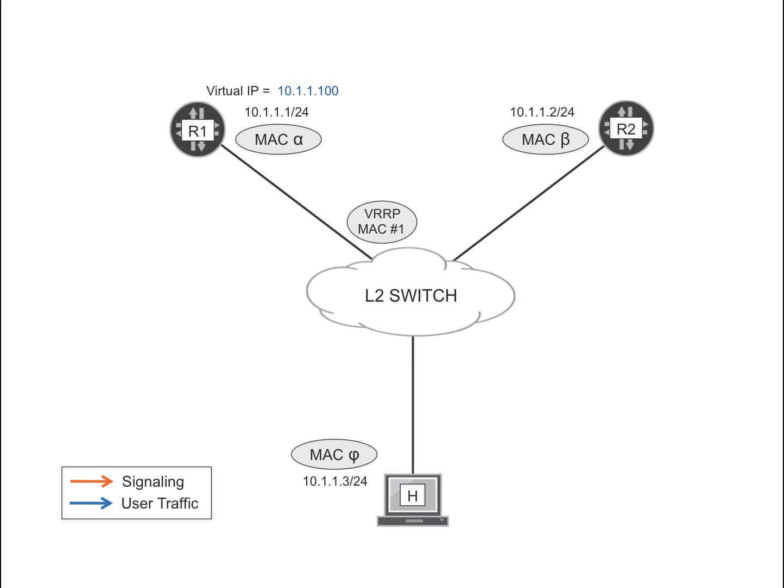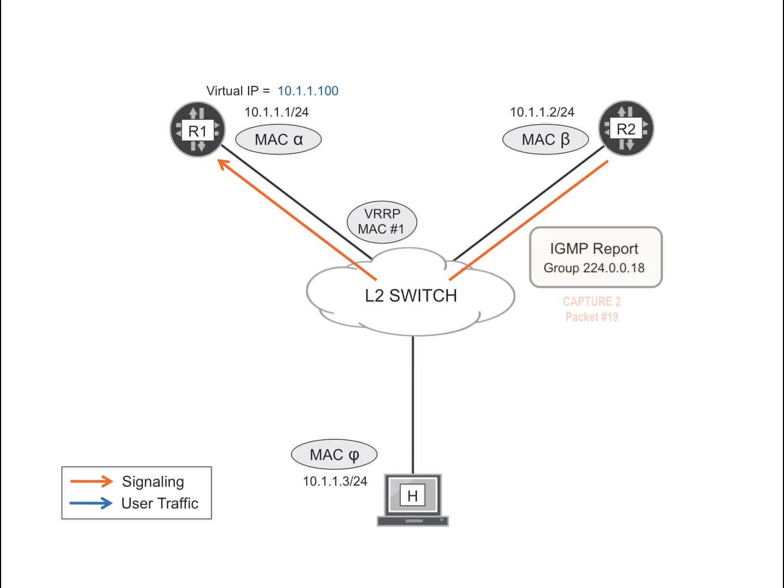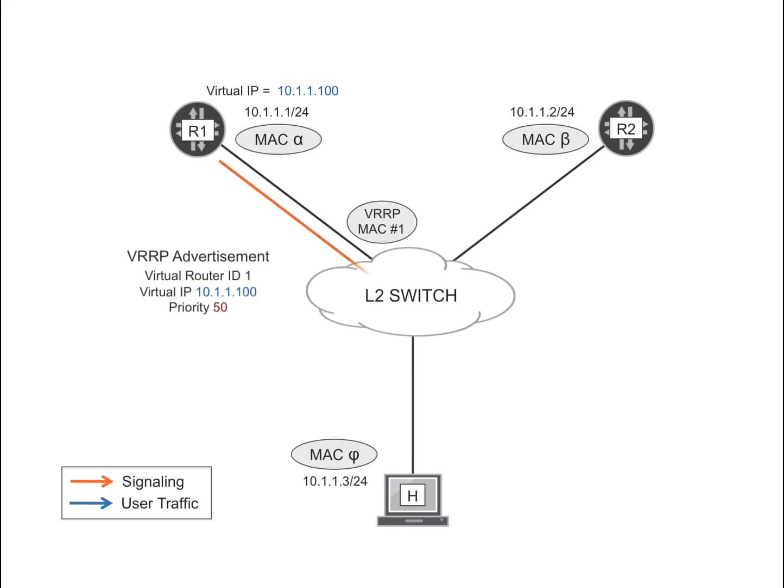Then you configure router 2 as a VRRP router with the same virtual router ID and with a higher priority than router 1. At the beginning, router 2 registers to 224.0.0.18, the VRRP multicast group. After some time listening, it realizes that there is already a VRRP master for that virtual router ID, but with a lower priority.